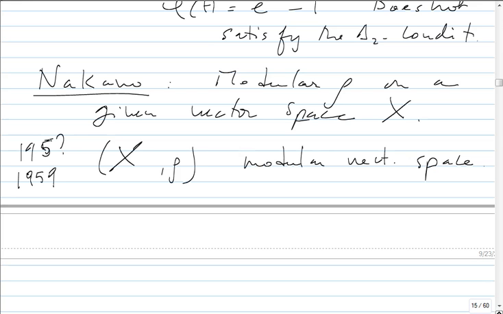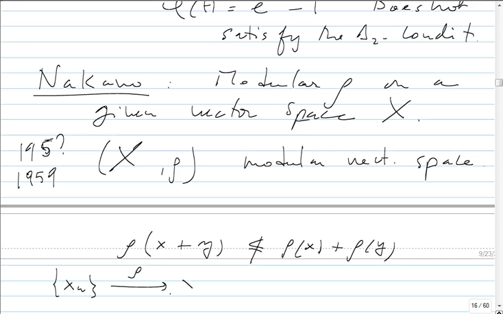The beauty here is, what can we say? What are the properties? It's really interesting because remember, if you take two vectors x and y, we do not have the triangle inequality. Some commonly known properties: x_n converges to x in the sense of rho if and only if rho of x_n minus x goes to 0.